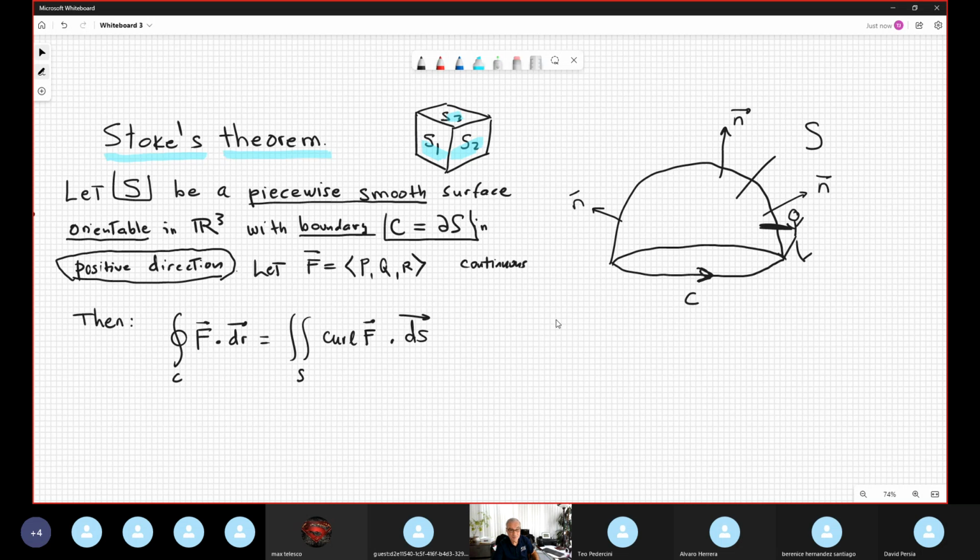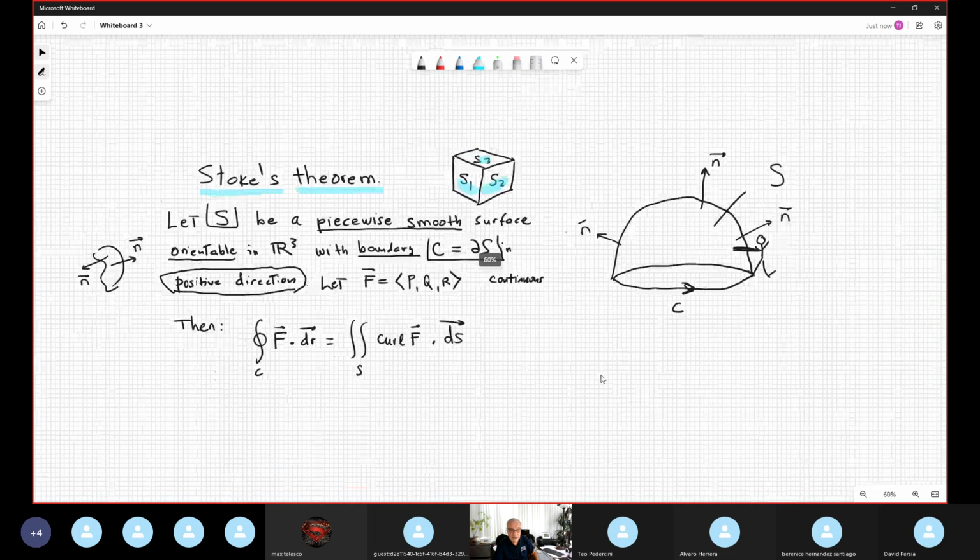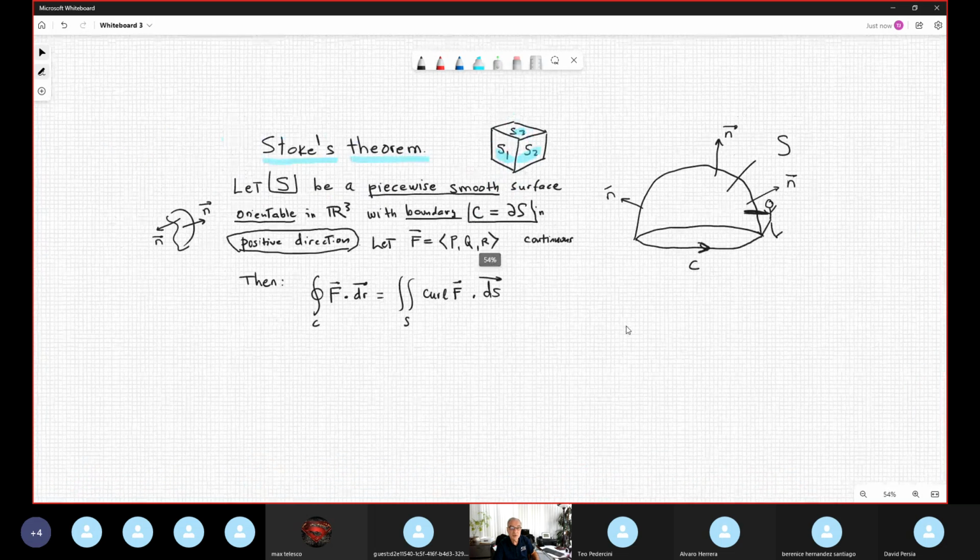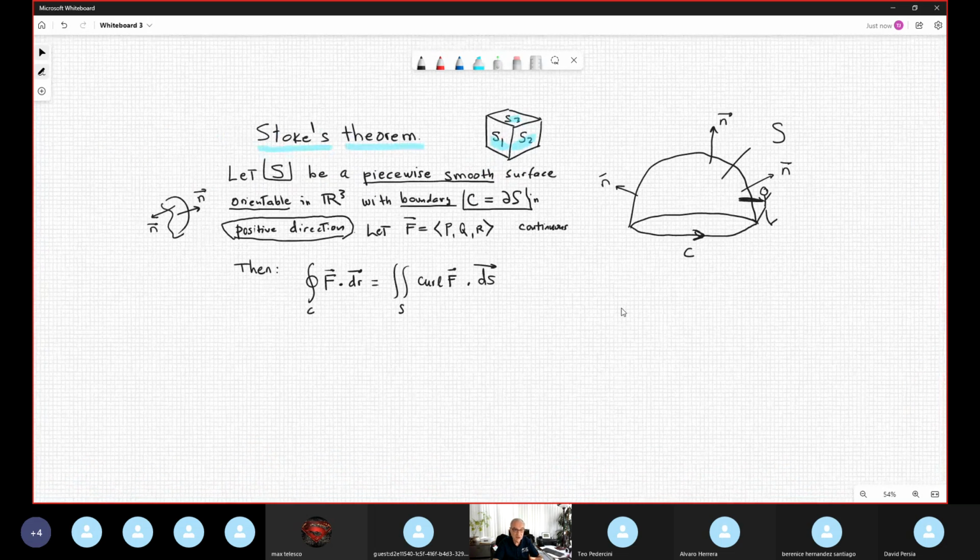That's the only difference. And the beauty of Stokes is that it makes a connection between two kinds of integral. On the left hand side, we have a line integral on the closed curve. On the right hand side, we have a surface integral.